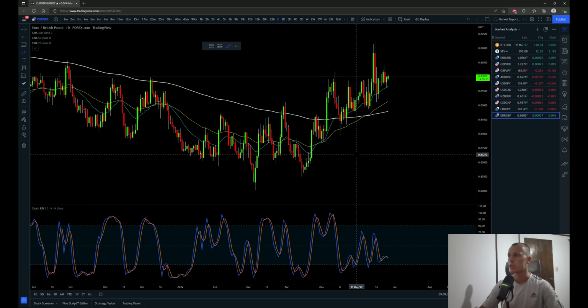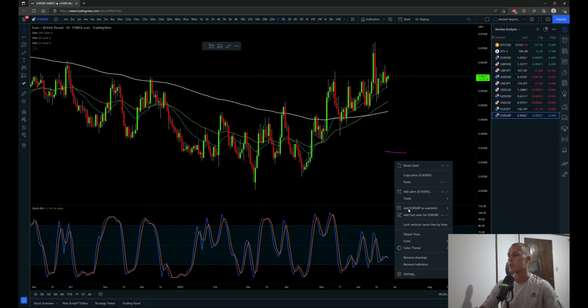Now, let's look at euro against the British pound. So euro, oopsie, let's get rid of that. Euro right now is currently over the 200 EMA, coming out of a strong downtrend here, and I'll be expecting this to head to the upside. We did see a full reset here on the stochastic RSI, and it's still not coming to the upside.